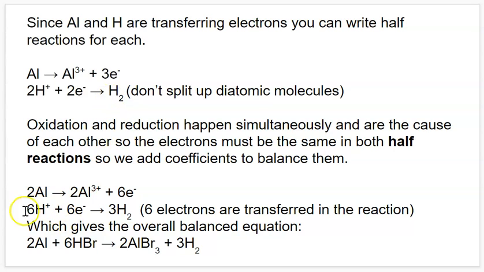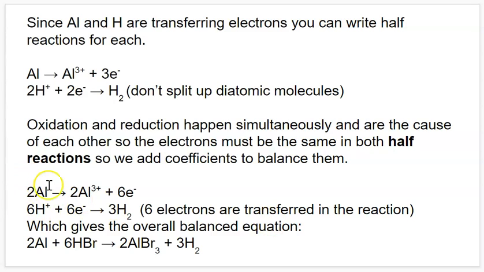And then this one, since I need to make it 6, I'm going to multiply this one by 3. So now I have 6 hydrogen ions. Each of them is going to gain 1 electron, so that's 6 total electrons, and we're going to end up with 3 diatomic hydrogens. After we've balanced these two half reactions to have agreeing electrons between them, in this redox reaction, 6 total electrons are being transferred from aluminum atoms to hydrogen atoms.